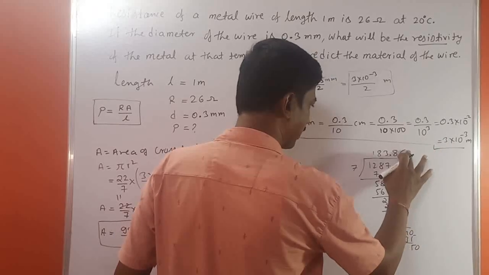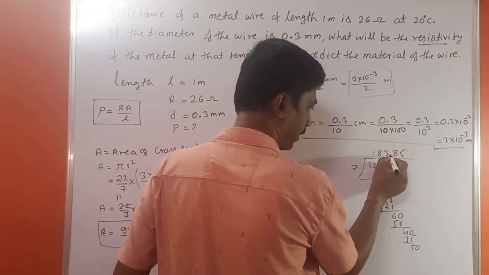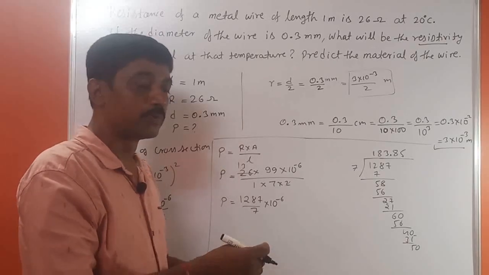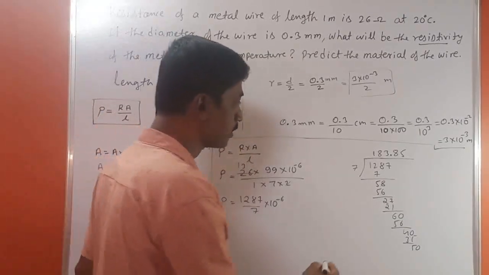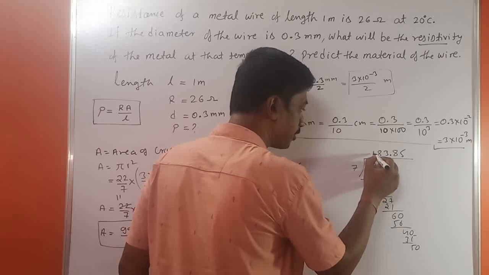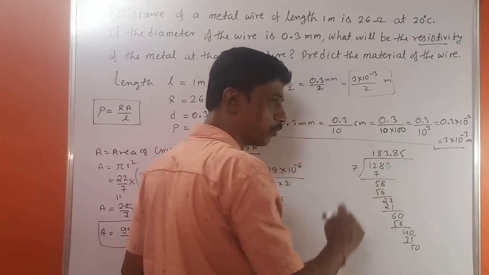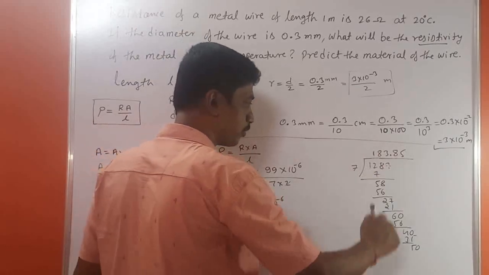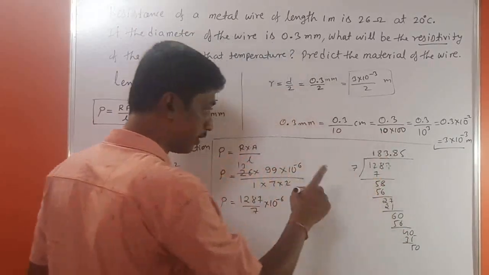It continues, but I'm going to stop over here, because in physics, whenever you come out with the final answer, the decimal point should be after one digit from the left. So I just stop it over there and take the approximate value.